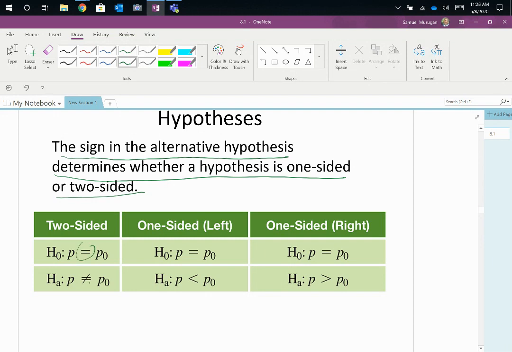If we see equal or not equal, we know it's two-sided. Notice p is equal to p0 for all of them. That's the null hypothesis. If we see less than, it's one-sided to the left. And if we see greater than, it's one-sided to the right, where the proportion is greater than the null hypothesis value.